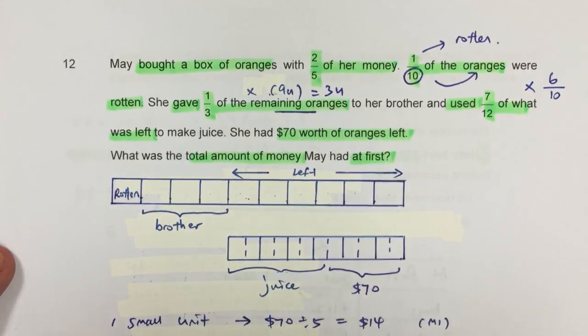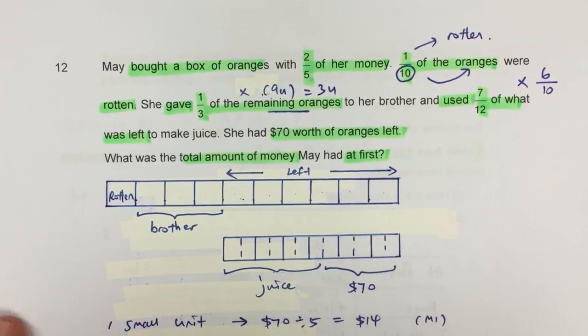So let's check here. So 5 units, 1, 2, 3, 4, 5. 5 small units is $70. Right? So 1 small unit is 70 divided by 5. I have $14. Can I find the total here? Total here will be 2, 4, 6, 8, 10, 12. 12 units.